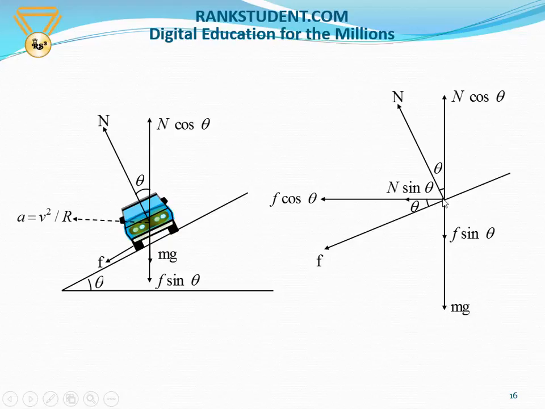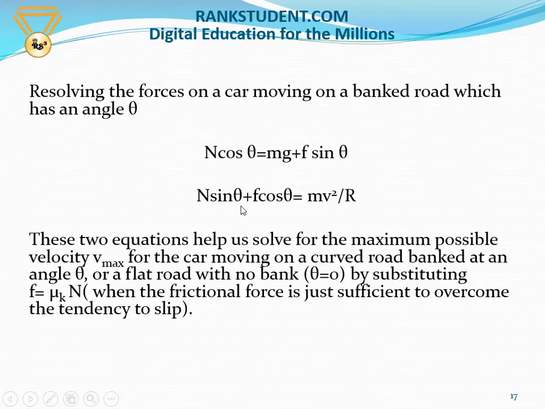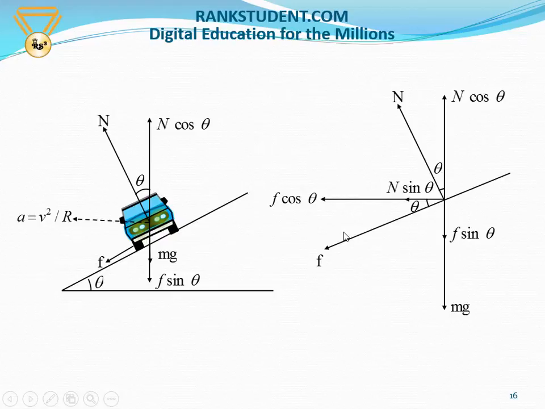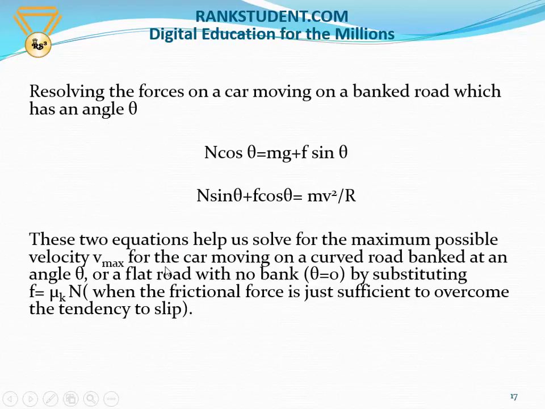Similarly, along the x-axis, we can show that N sine theta plus F cosine theta equals mv squared by r. You can see it here. The acceleration towards the center is v squared by r, therefore the force is mv squared over r, and the force N sine theta plus F cosine theta equals mv squared by r.